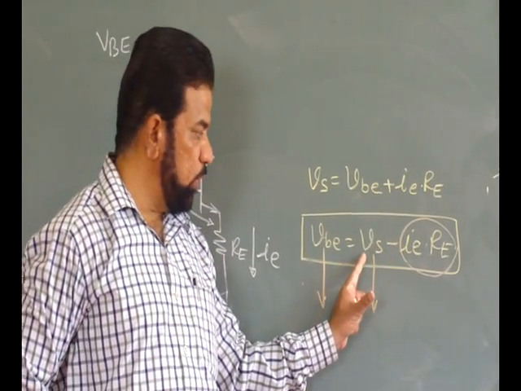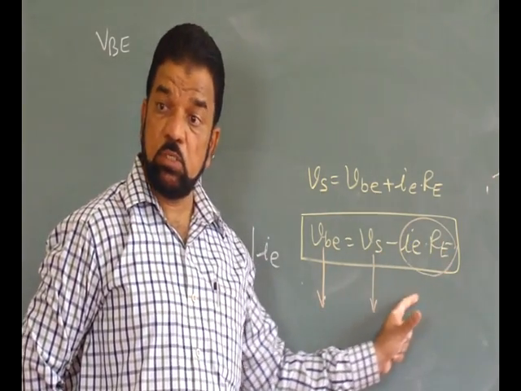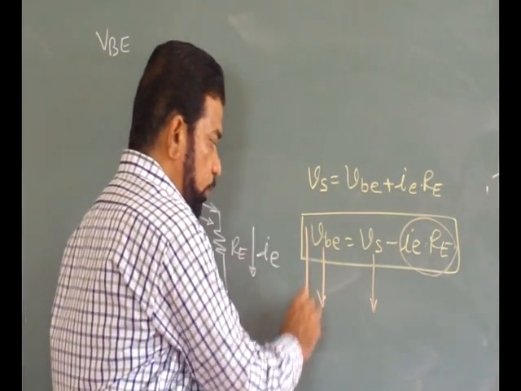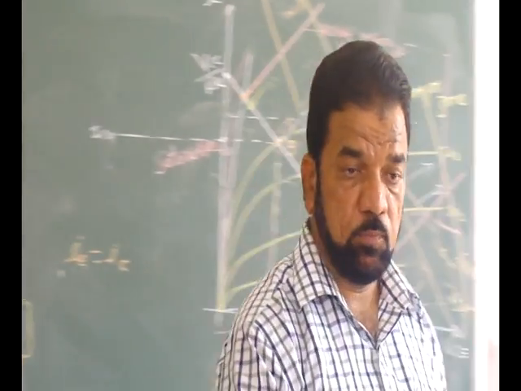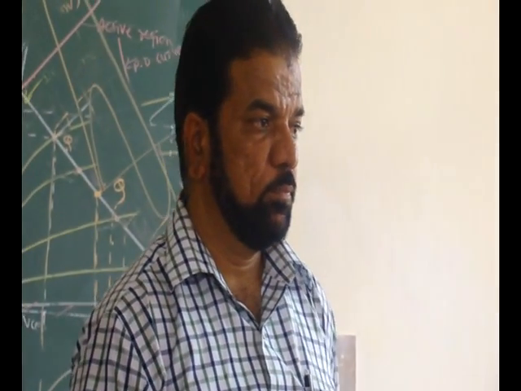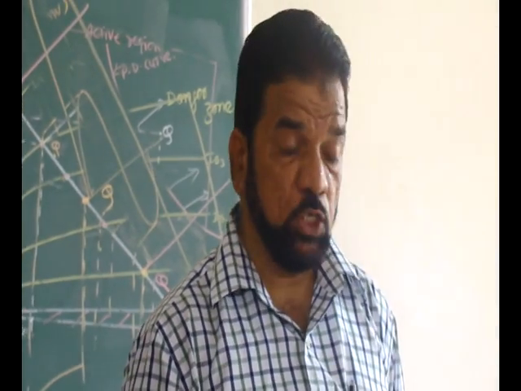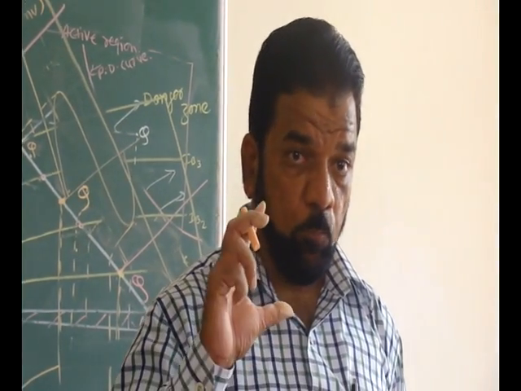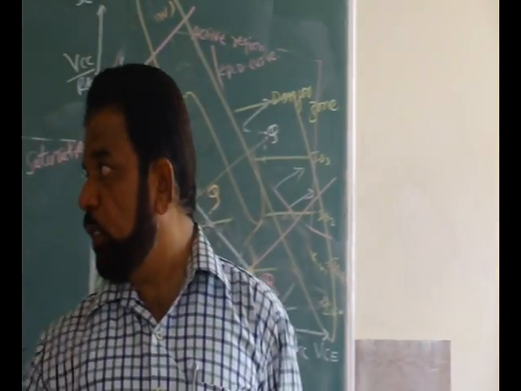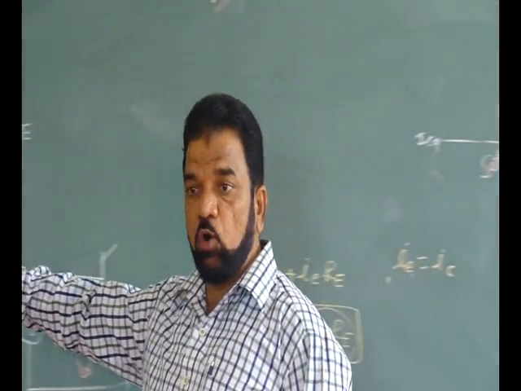Okay? Now your Vs is constant, but because of this negative term, the effective input signal gets decreased. Pay attention, rather pay more attention. If the input signal gets reduced, obviously the output gets reduced.